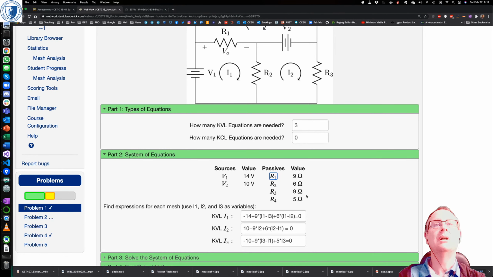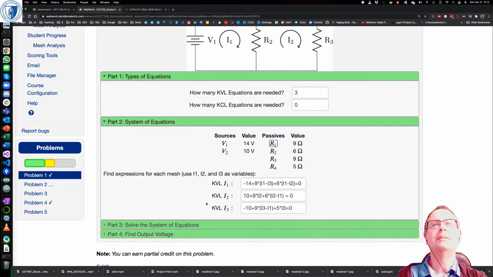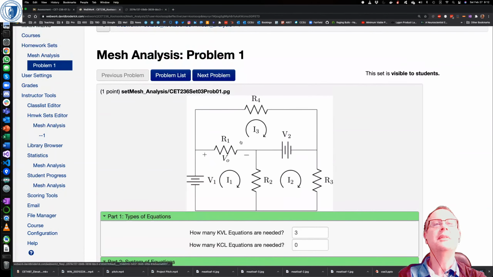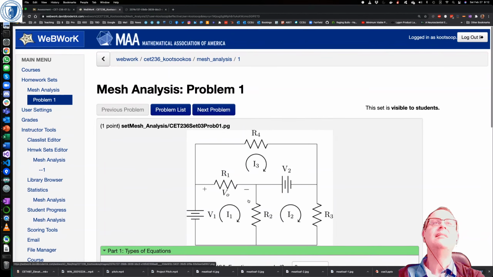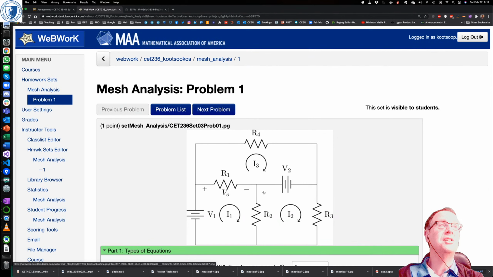You can try submitting answers as often as you like. And the nice thing about this is, the thing that people usually forget in these sorts of questions is the question is actually asking what is V out, right? People often solve the equation perfectly correctly and then forget, if we're doing this on paper, to answer what V out is.